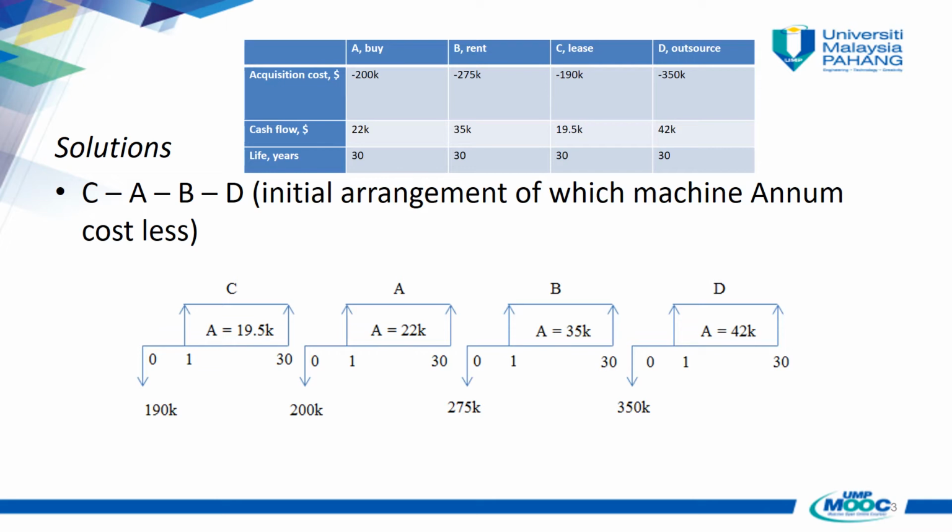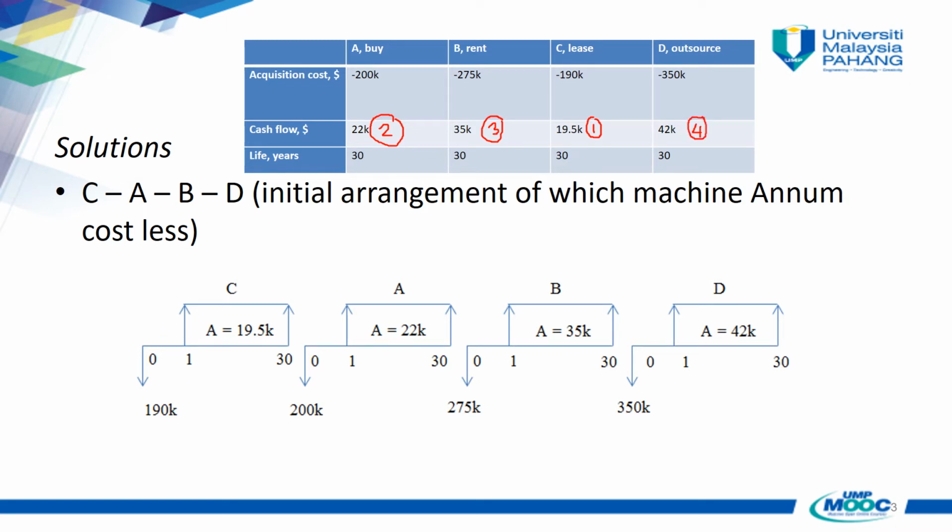Let's see the ranking among A, B, C, and D. The lease will be number one, then A will be number two, rental will be number three, and outsource will be number four.